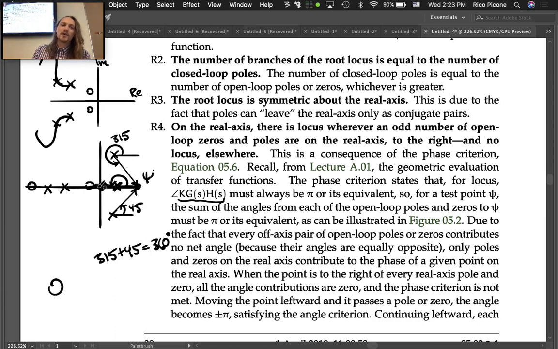And that's true until you cross over the next pole or zero, and you're going to get another pi contribution. It's going to be either plus pi or minus pi, but it's going to take you back to 0 effectively. And it alternates.